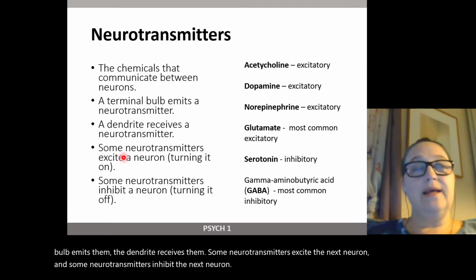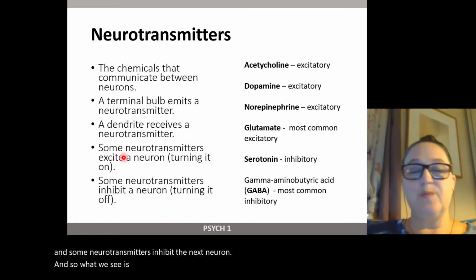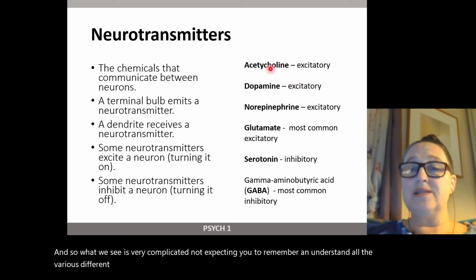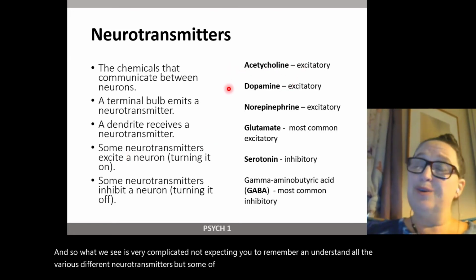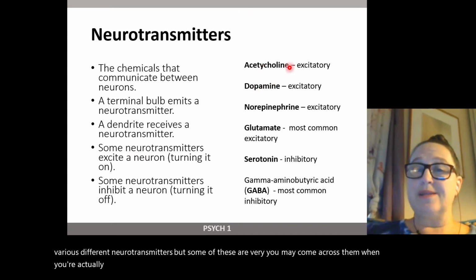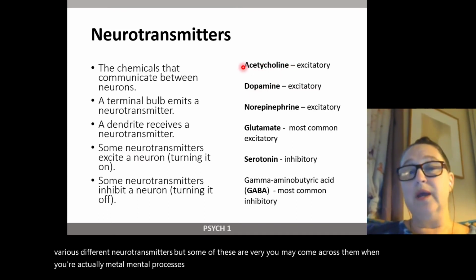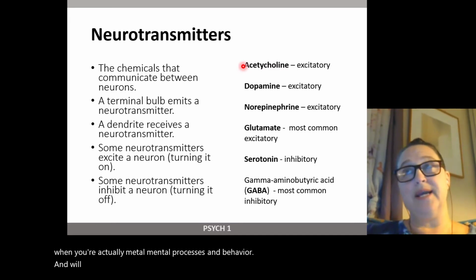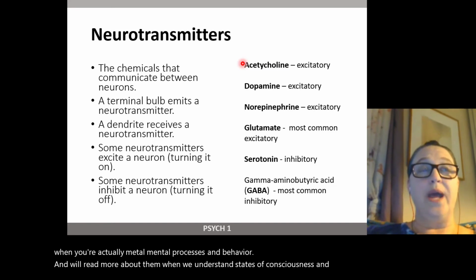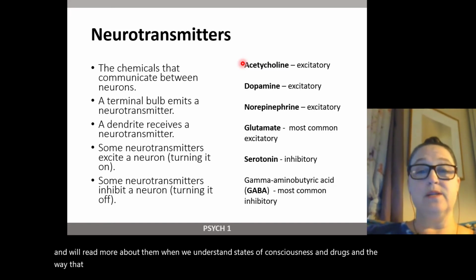And so what we see, it's very complicated. I'm not expecting you to remember and understand all the various different neurotransmitters, but you may come across them when you're actually understanding mental processes and behavior. And we'll read more about them when we understand states of consciousness and drugs and the way that we treat different mental disorders.